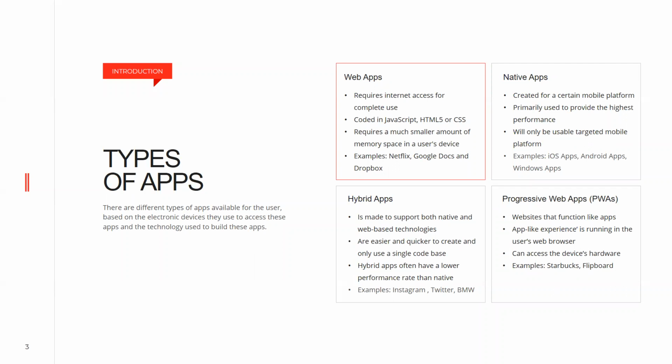Next is native apps. Native apps are the applications which are specifically designed for a particular platform. You have Android, so Android applications. You go to the Play Store and you download whatever applications. Most of them are native Android applications, so they are developed for Android.